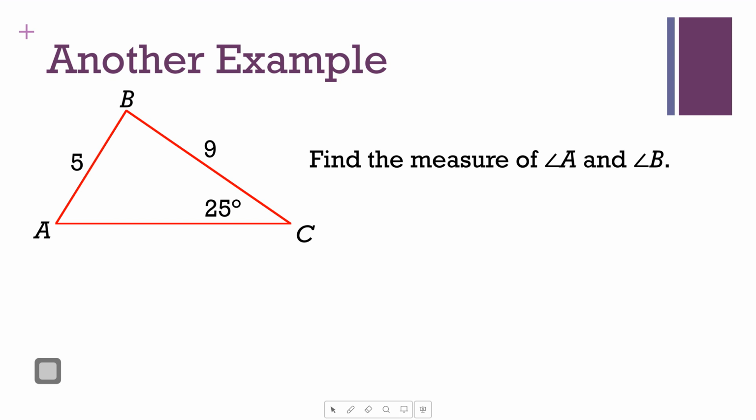Wait, so from here you're supposed to cross multiply, right? Okay, so from when you get equals, you're supposed to cross multiply. So I got sin 25 over 9 equals sin B over 5.